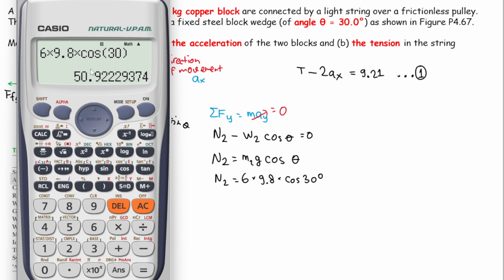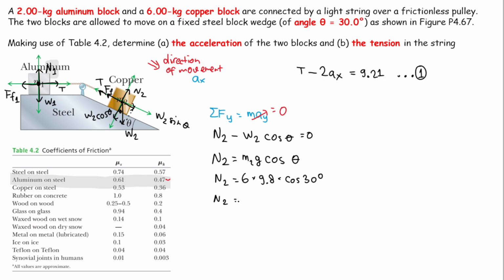And I will have 50.92. So I will have N2 is equal to 50.92 Newton. And this will be very useful to find out this friction force number 2. Right? Okay, so now let's do the x direction. So I have sigma F on the x direction.